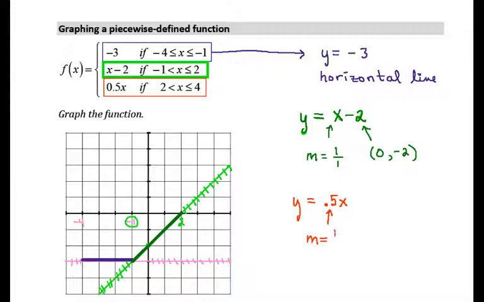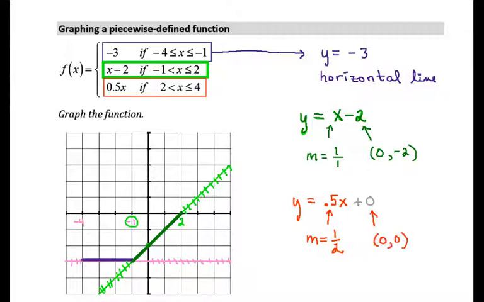Decimals are okay, but when it comes to slopes, fractions are usually better because they give us a rise and a run that we can use. And for the y-intercept, this doesn't really have an added term, right? We want to think of that as being +0. It's equivalent to that equation with a +0. So that tells me that my y-intercept is 0, and therefore this line passes through the origin.